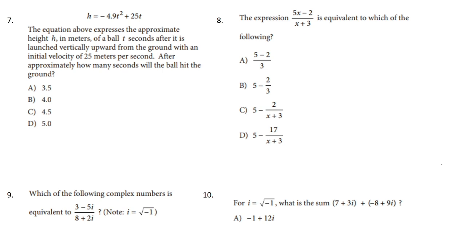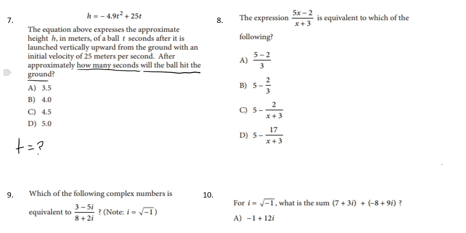After approximately how many seconds will the ball hit the ground? So the key to this question is the very last sentence. It says after approximately how many seconds, that means that we're looking for t.